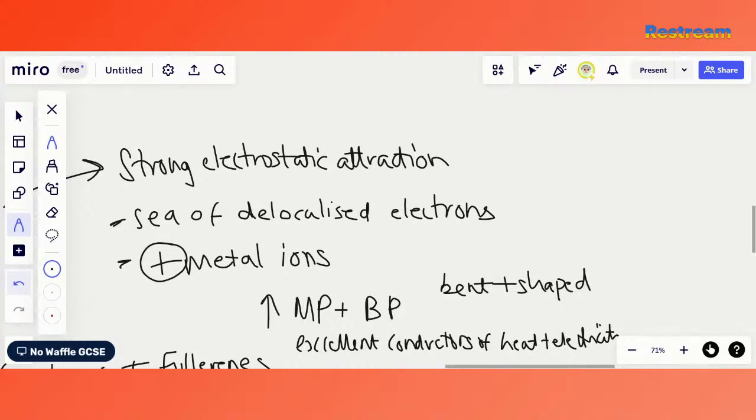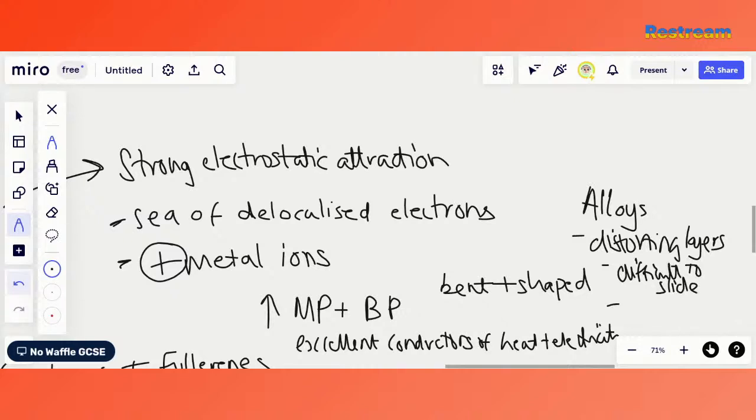It can be distorted, and in order to make metals harder, you can make them into alloys by distorting the layers. And when you distort the layers, this makes it difficult to slide over each other. And therefore, this then means that it's a stronger metal.